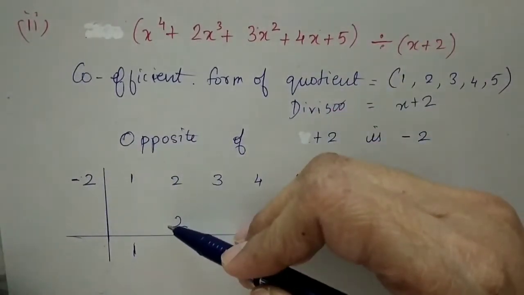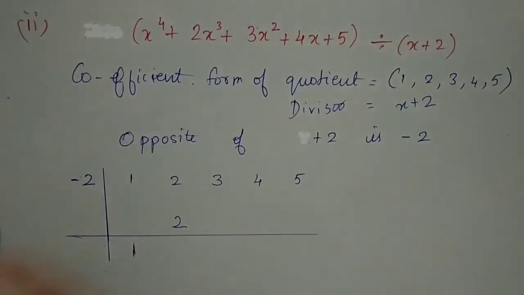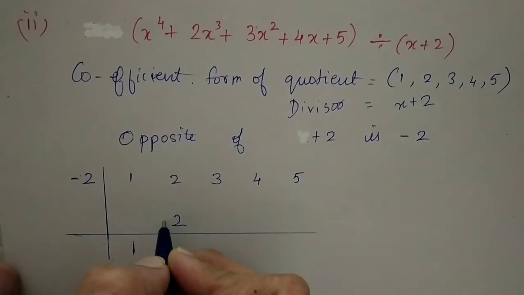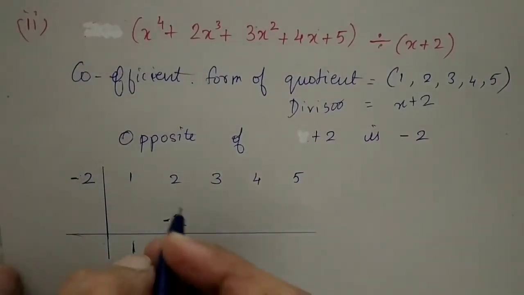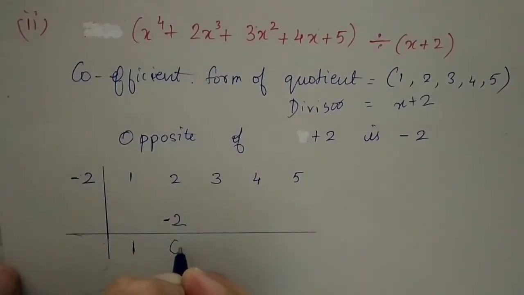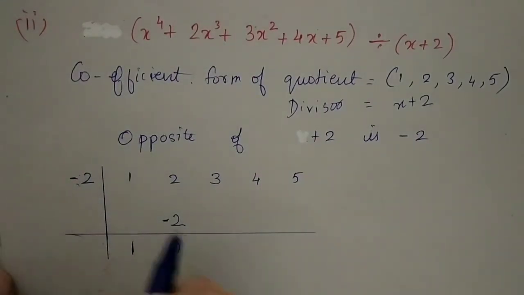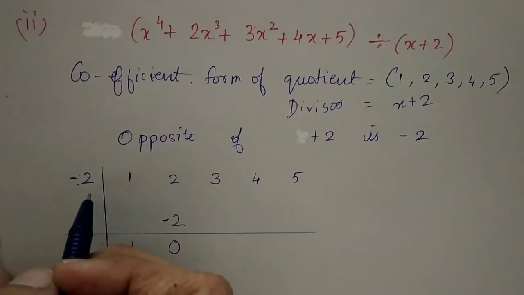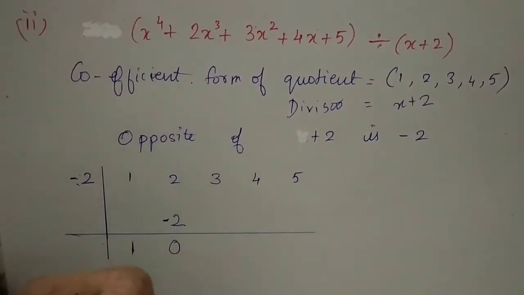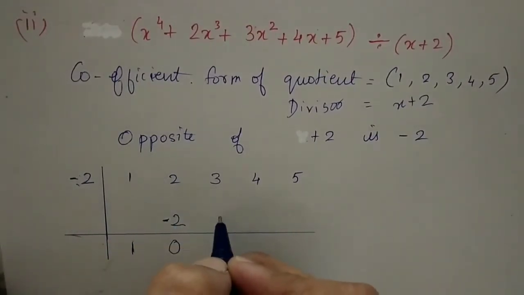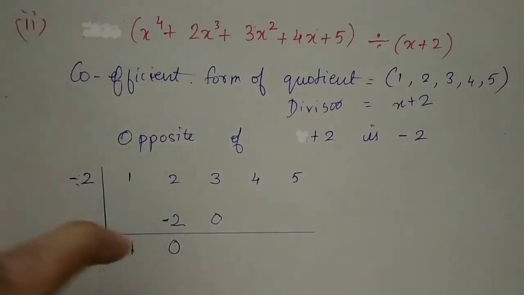So I write down the minus sign here. Okay. Now 2 minus 2 will be 0. Then next, you always multiply the number here and the number here. So minus 2 into 0 is 0. But where will you write that? We'll write down here. Now add these two numbers.